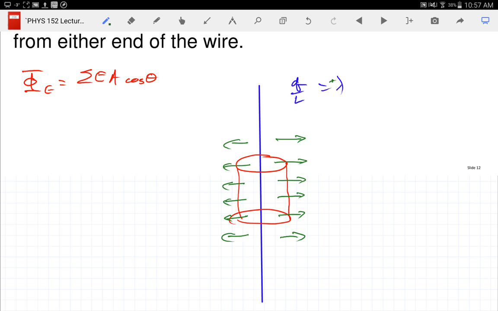Now let's look at angles. How many surfaces do I have on my Gaussian surface? That's right, I heard the answer. 3 surfaces. The top, the side, and the bottom. So let's get the angle for each of these. When I say this angle, what's the angle between?